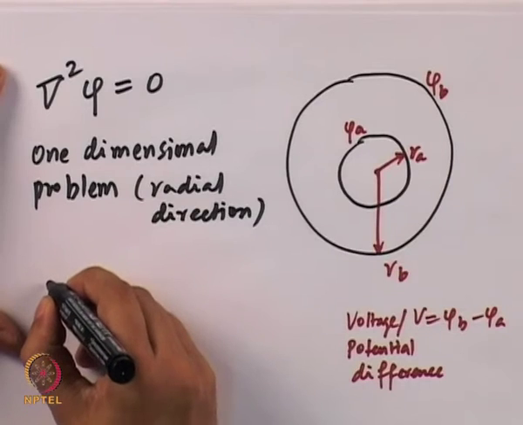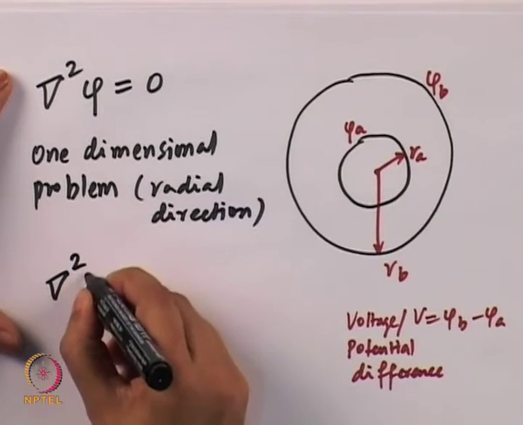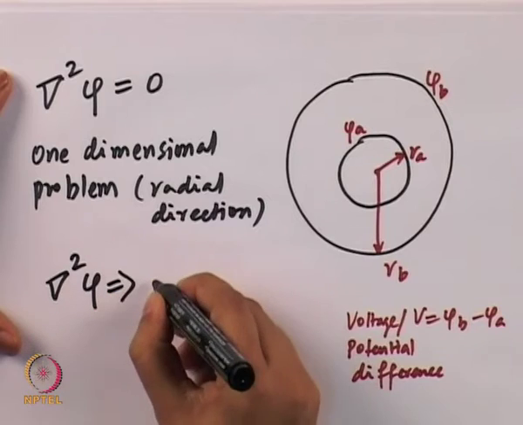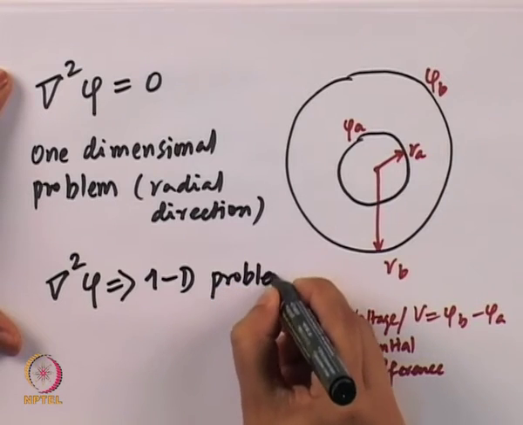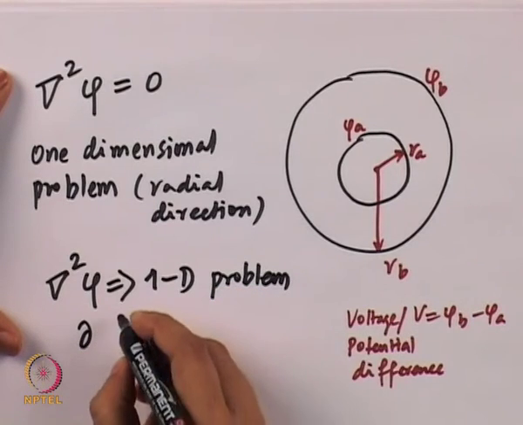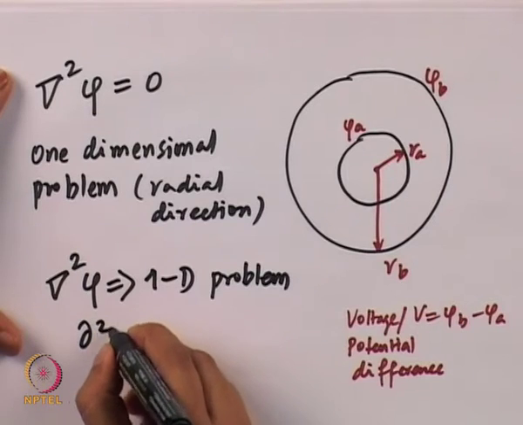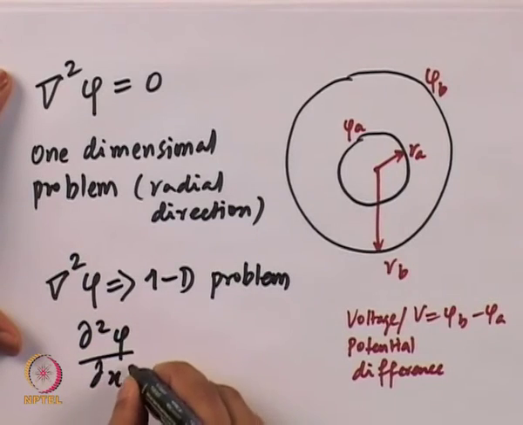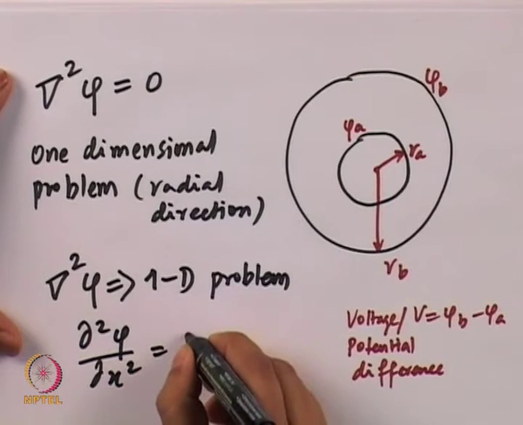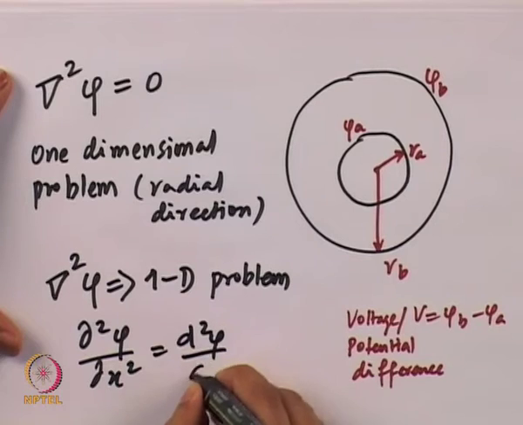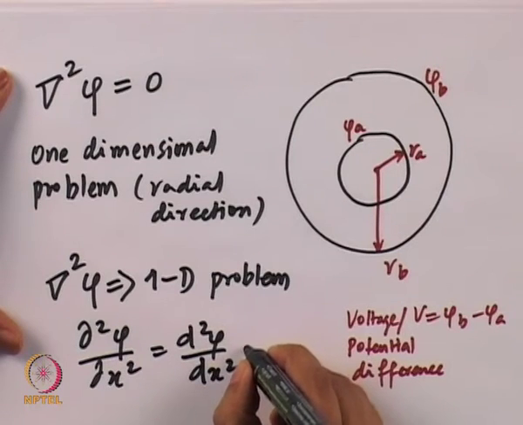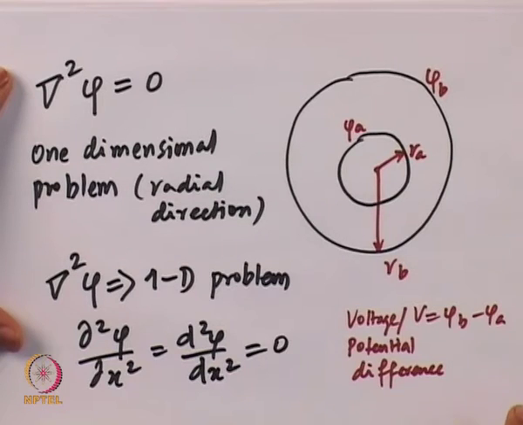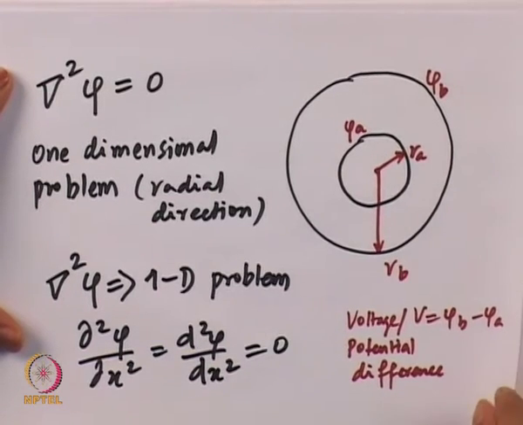So it is enough to write it as, for a 1D problem, can be written as dou square phi by dou x square, that is equal to d square phi by dx square. Since it is only one dimension, we are not worried about whether it is partial or ordinary differential, is equal to 0.